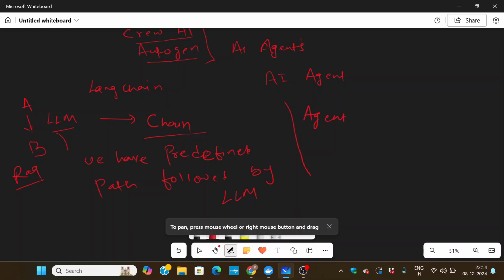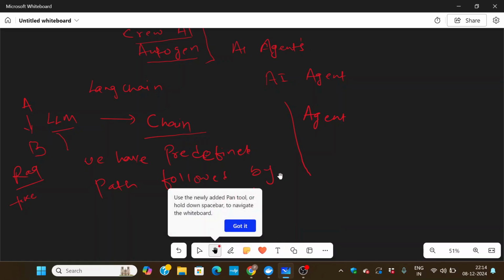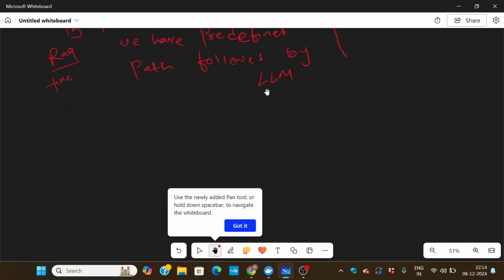So first of all, how does retrieval augmented generation work?